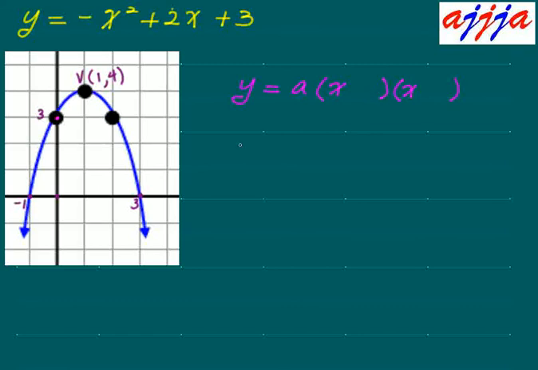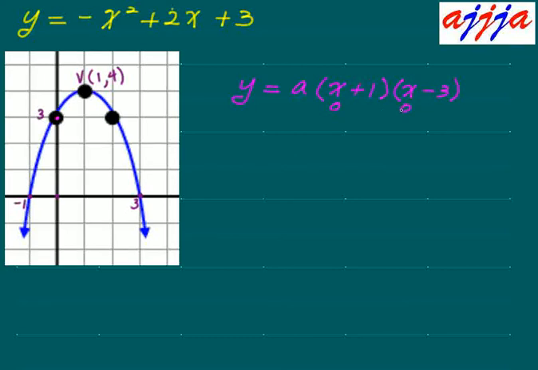Then we just put these x-intercepts right there. So negative 1 means plus 1. What about positive 3? That means minus 3. Then all we have to do is plug in one more point. Maybe I can use this one, I can use the vertex, doesn't matter. Let me use this one, (0, 3).